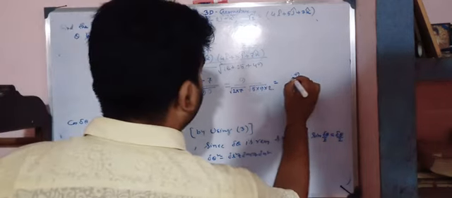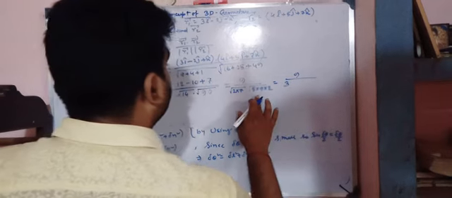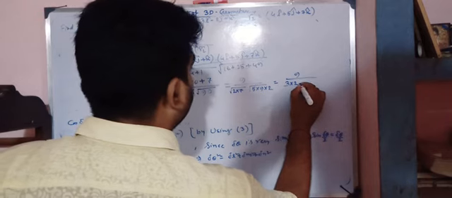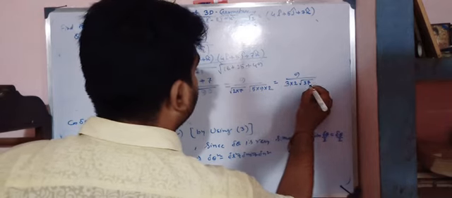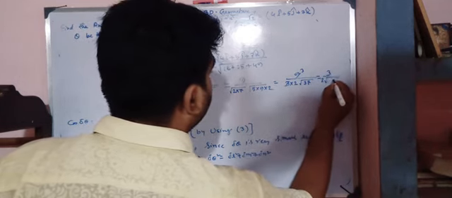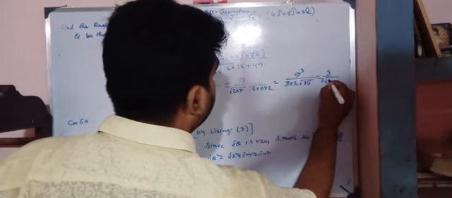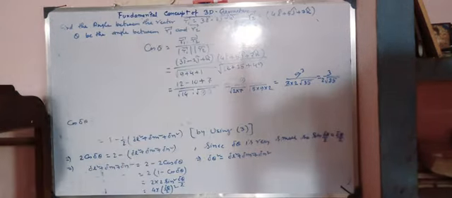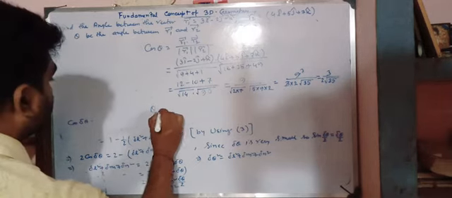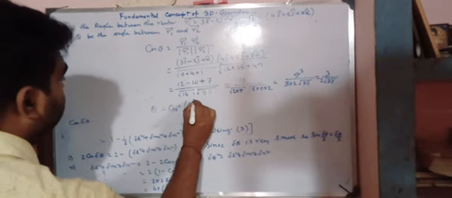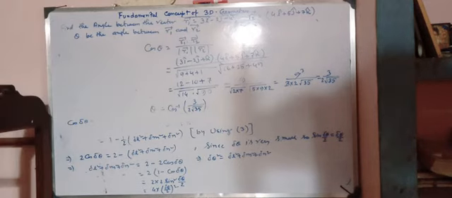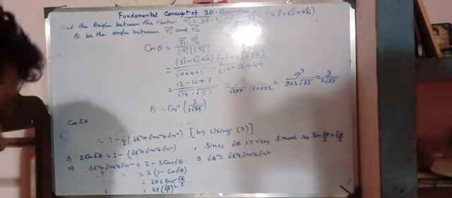So this becomes 9 divided by 3 into root 35, and 3 cancels, so 3 by 2 root 35. Understood? So cos theta is equal to this, so theta is cos inverse 3 by 2 root 35. That is the angle between these two vectors.